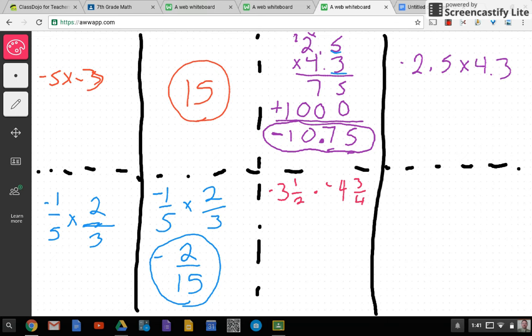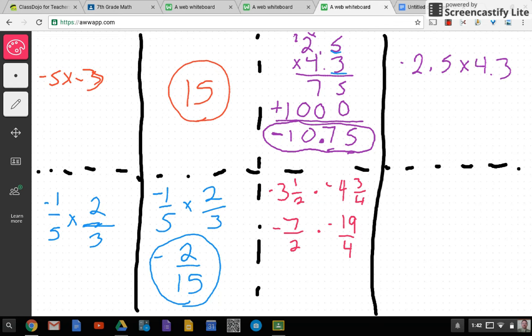Now I am going to get the improper fractions here. So this would be negative 7/2 times a negative 19/4. Now I just multiply straight across, and a negative times a negative is a positive.